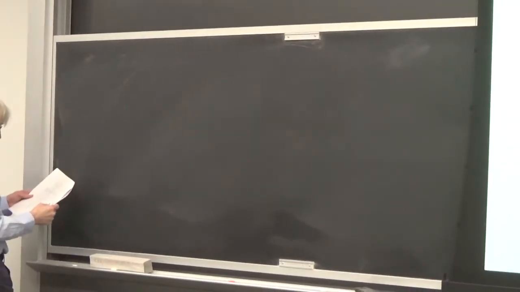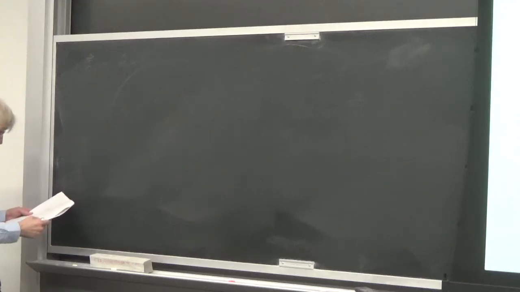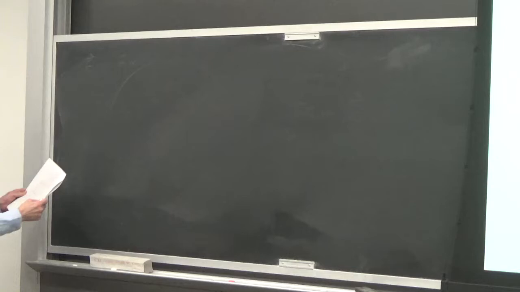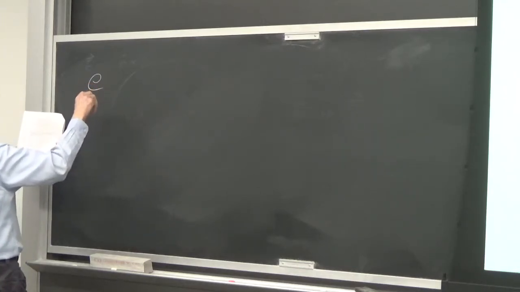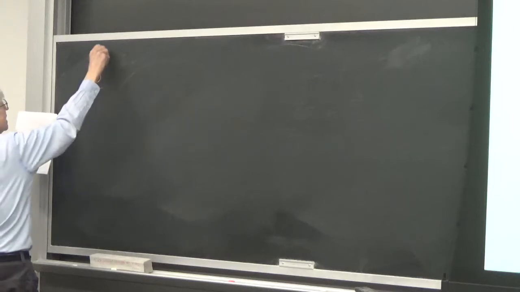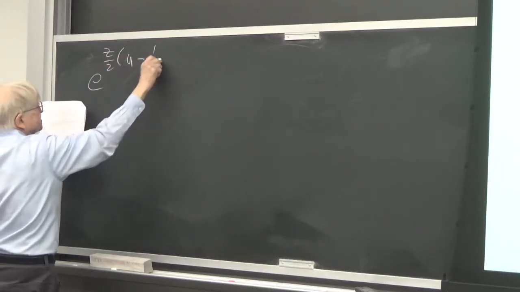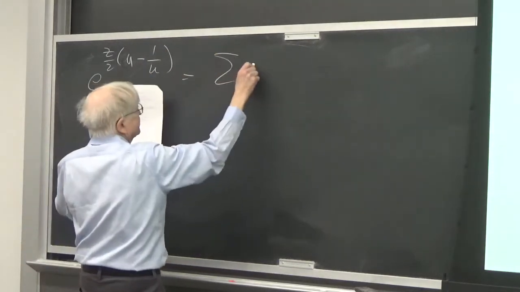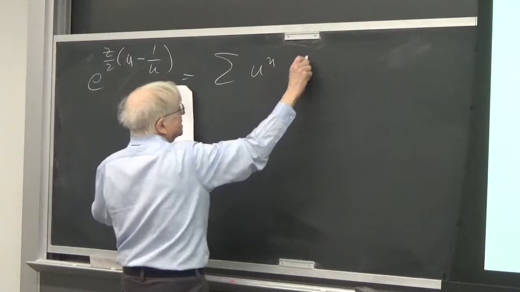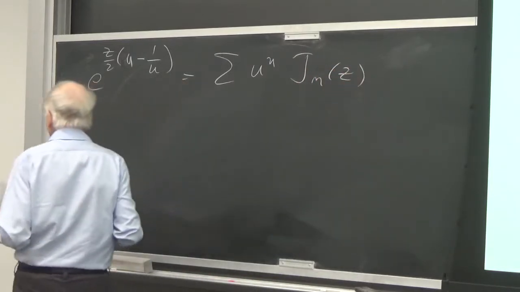You recall the generating function for Bessel functions is e to the z over 2 times u minus 1 over u equals the sum of u to the n J_n of z.